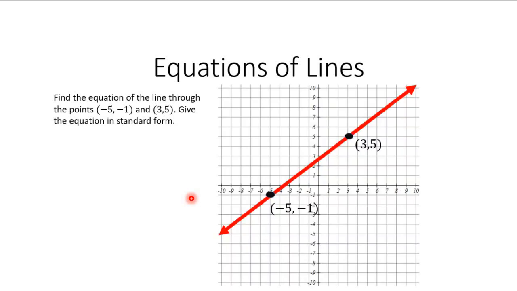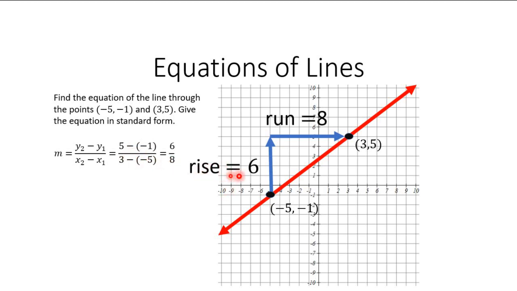We have an equation for finding the slope. It's just the rise over the run, which is y2 minus y1 over x2 minus x1. In this case, that's 5 minus negative 1 over 3 minus negative 5. And 5 minus negative 1 is 6, while 3 minus negative 5 is 8.